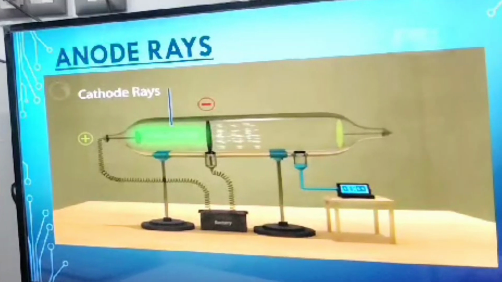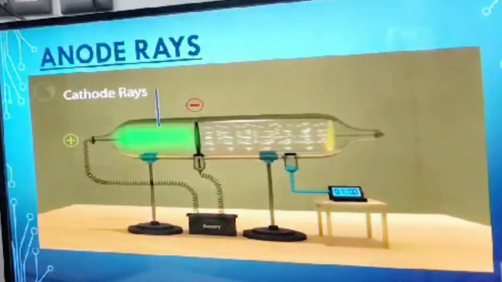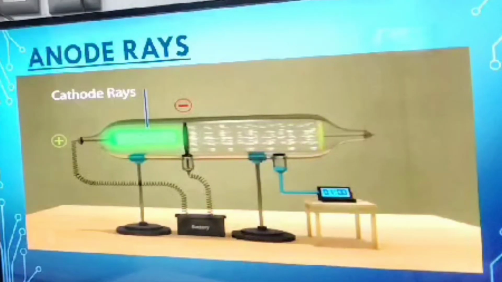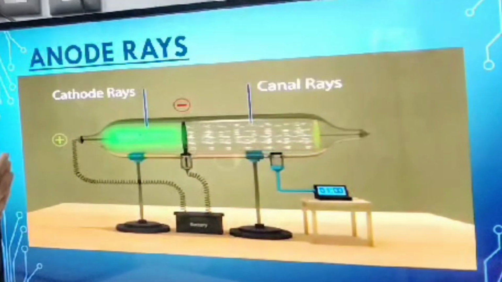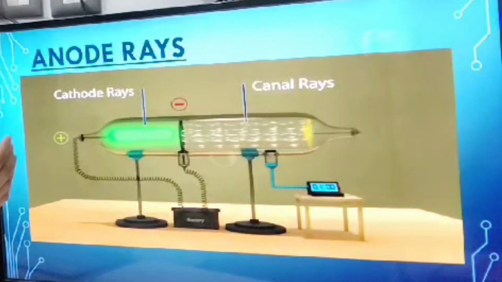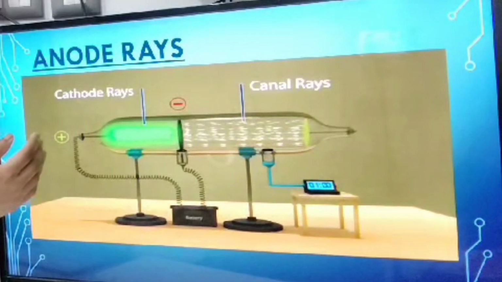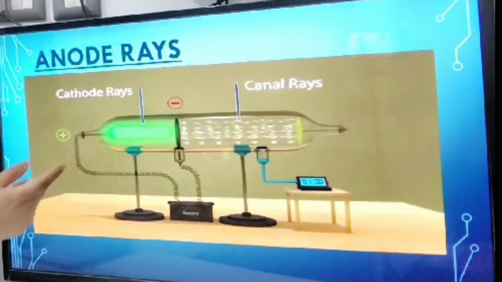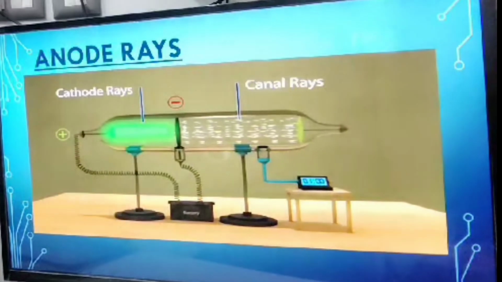When electric current is passed through the discharge tube, some rays start coming from the cathode and some rays start coming from the anode. Their direction is opposite. The rays coming from the anode pass through the perforations in the cathode and hit the fluorescent screen, producing a glow.